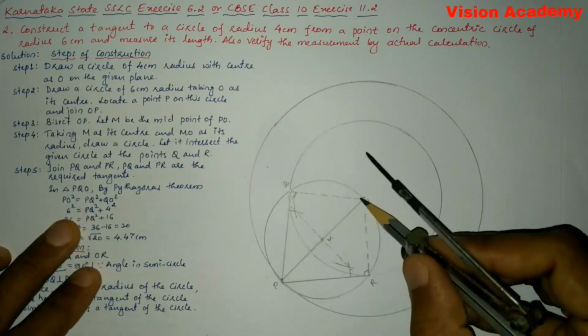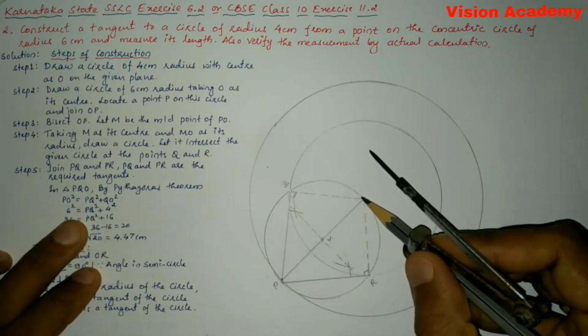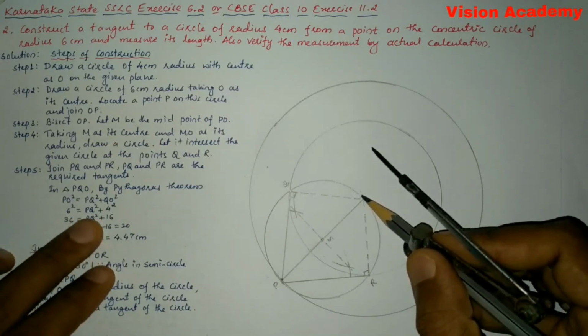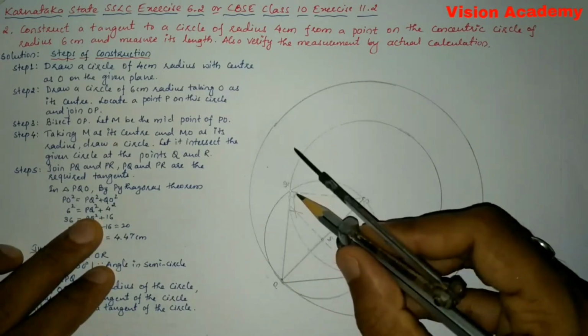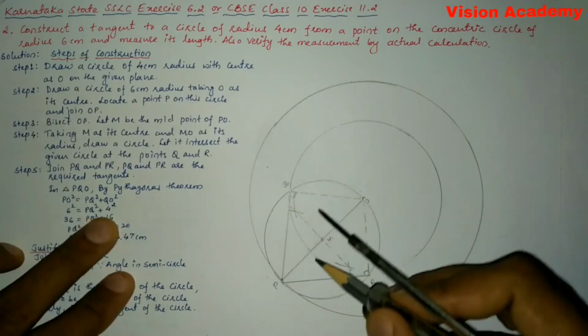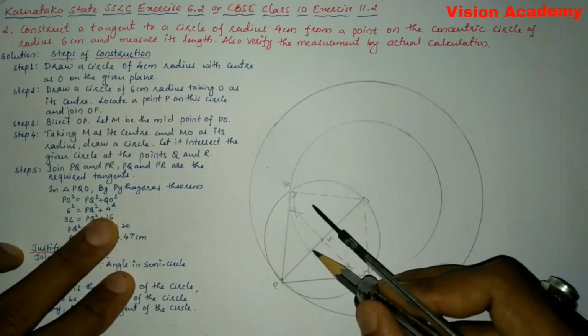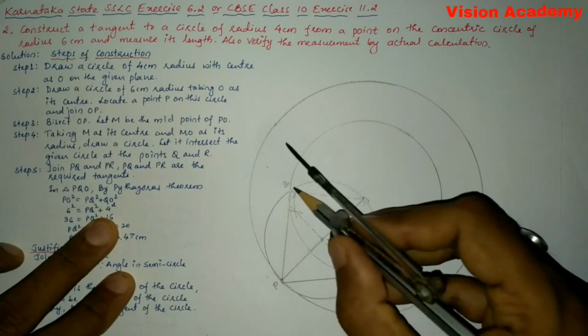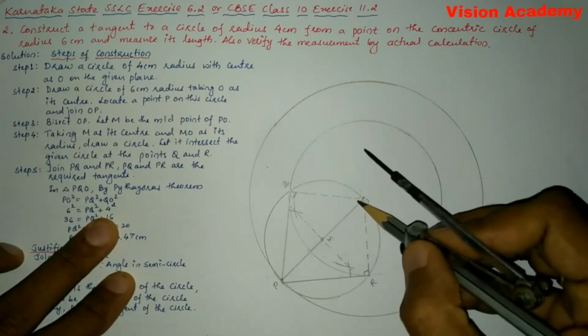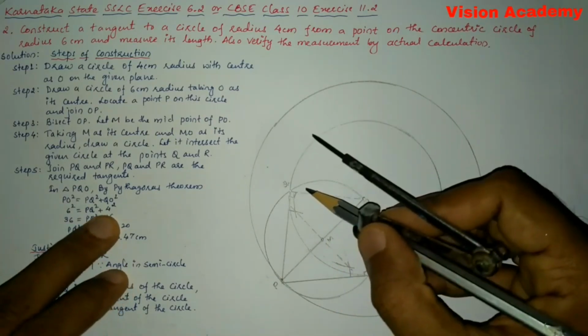So here PO is the radius of the outer circle, that is 6 centimeter. 6 square is equal to PQ, we need to determine, that is the length of the tangent, plus 4 square. So OQ square, OQ is the radius of the inner circle whose radius is 4 centimeter. So that's the reason 4 square.